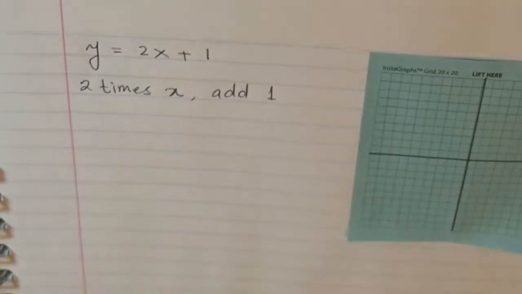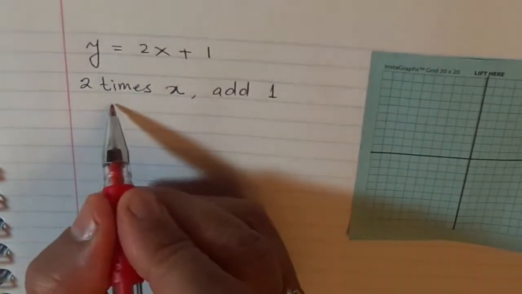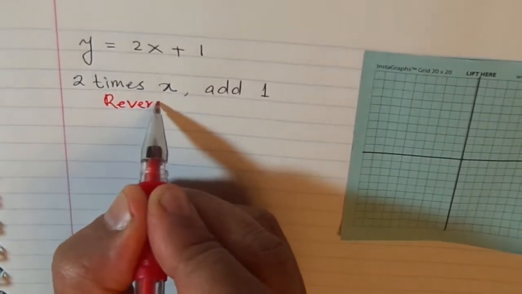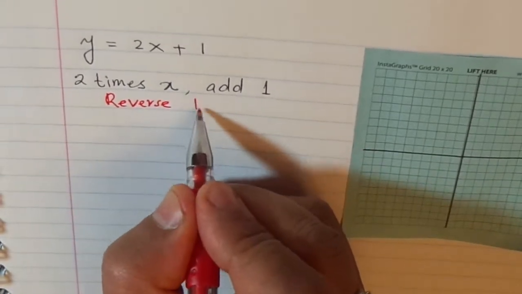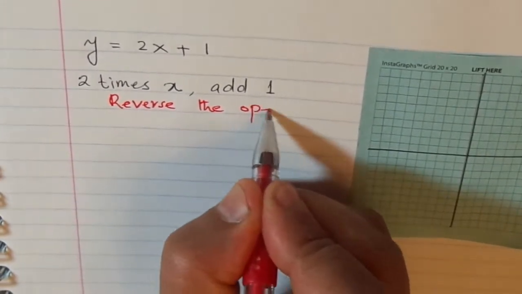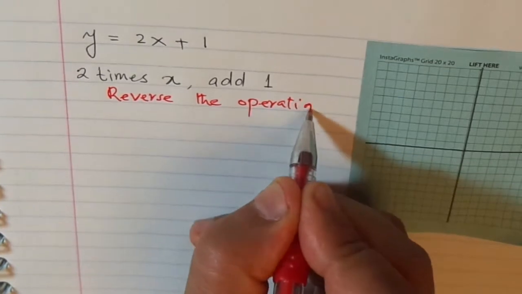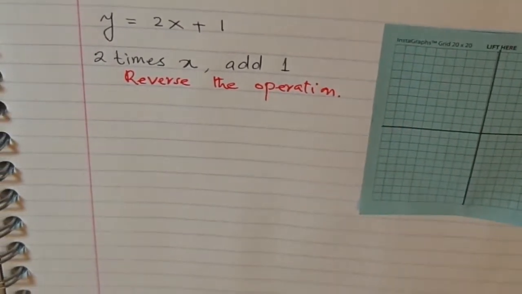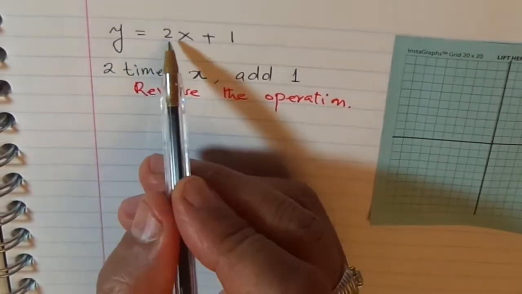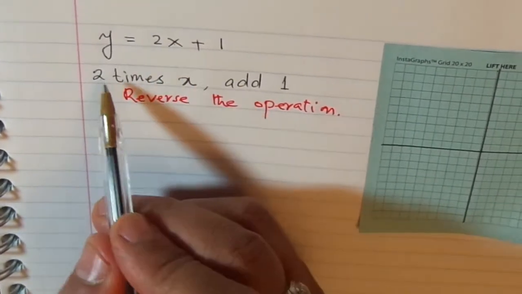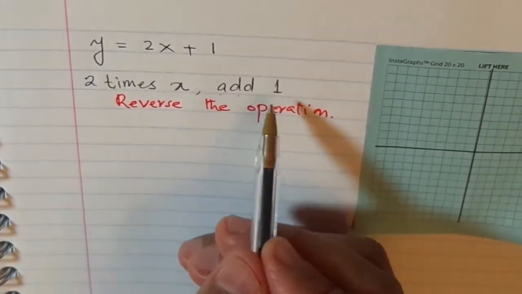Now think about the reverse operation. Reverse the operation. Here, what are we doing? We are multiplying the number by 2 and then adding 1.